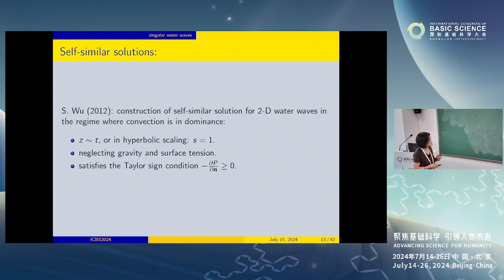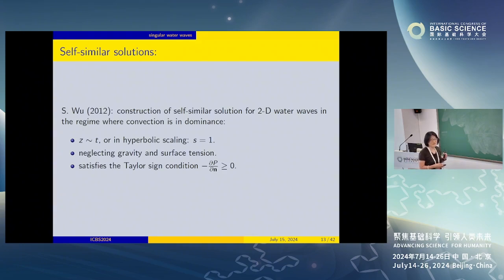So we want to understand whether there are self-similar solutions of the 2D water waves. And we think that with a wave like this, it should be where the convection is dominant. In other words, the spatial variable should scale like the time variable. So this is a hyperbolic scaling, so the velocity is dominant.